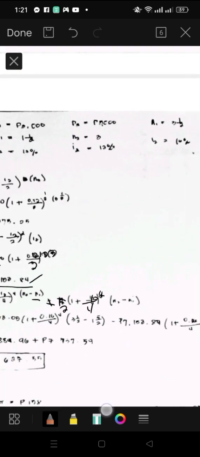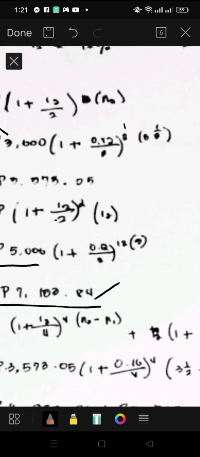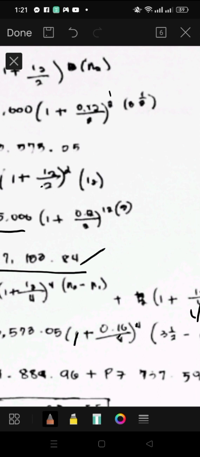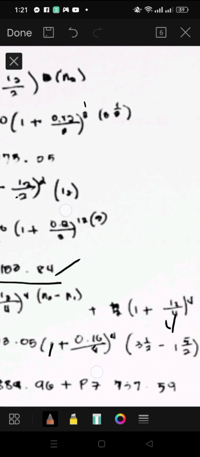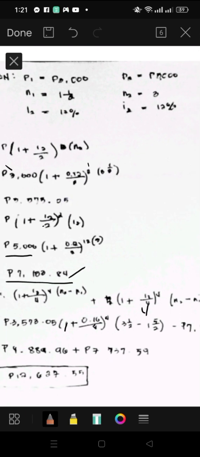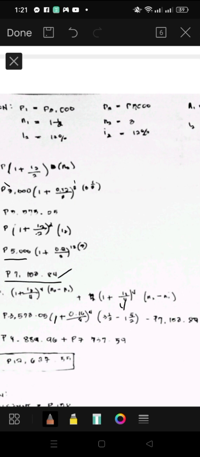So F3 is equal to P is 3,573.05 quantity of 1 plus 0.16 over 4 raised to the power of 4, then multiply the 3 1/2 minus 1 1/2 plus 700.